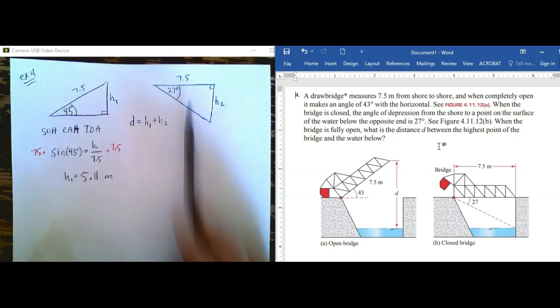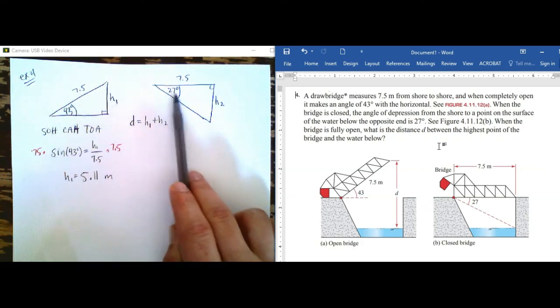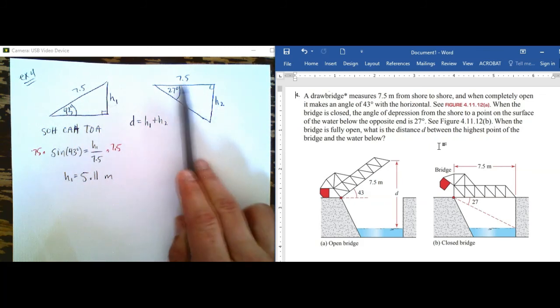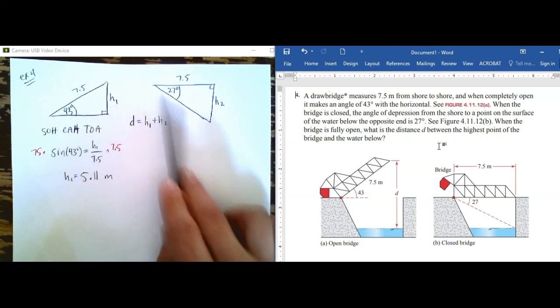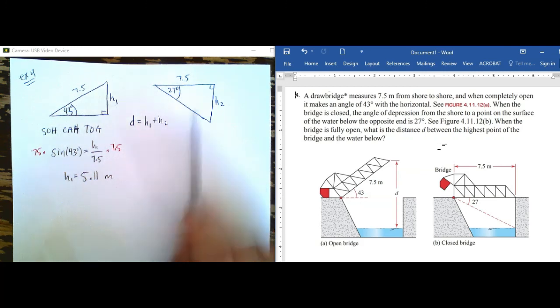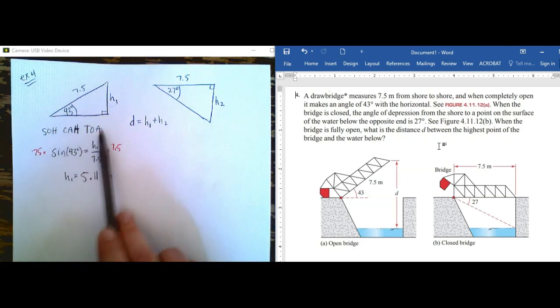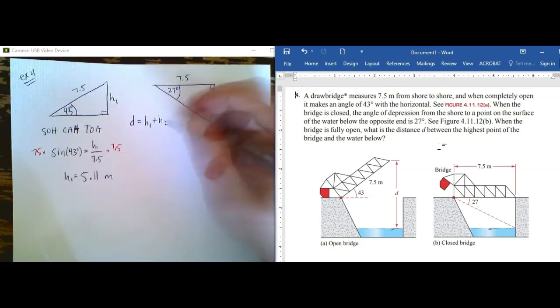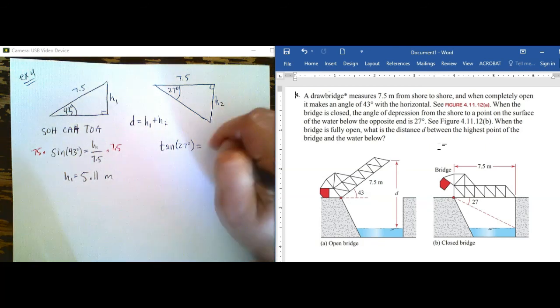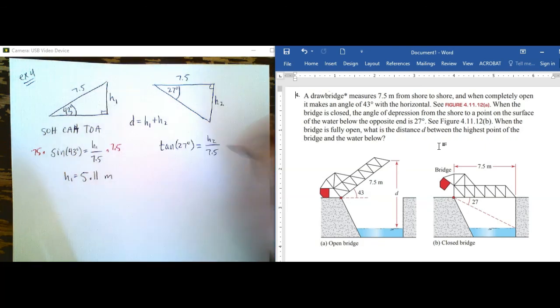Now let's look at this one. We have 27 degrees here, so h2 is the opposite side, but is 7.5 the hypotenuse still? Well, no, because the hypotenuse is down here now. So this is the opposite, and this is the adjacent. Looking at SOHCAHTOA, opposite and adjacent occur with the tangent function. So the tangent of 27 degrees equals h2 over 7.5.